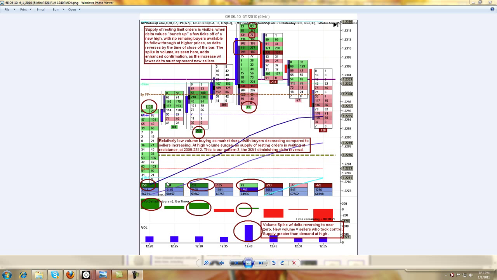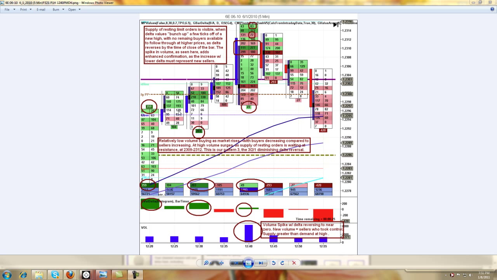One of the key setups is when we see delta has been strong in one direction, and then it diminishes and you make a new high, let's say, if the market's been going up, or if the market is going down, vice versa, you look for a new low bar where the delta dries up.